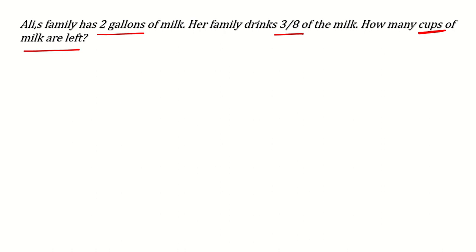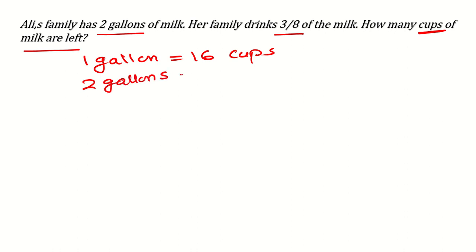What I told you: 1 gallon is equal to how many cups? 16 cups. Then 2 gallons will be equal to how many cups? It will be 2 times 16, which means 32 cups.